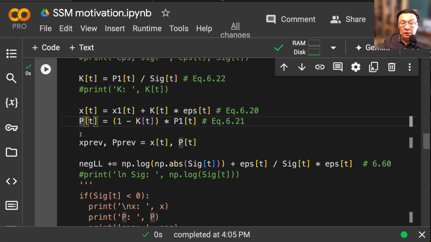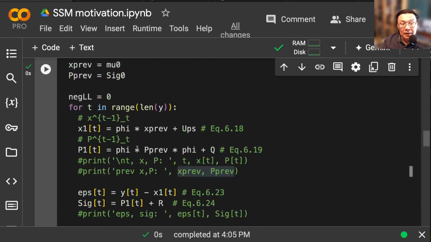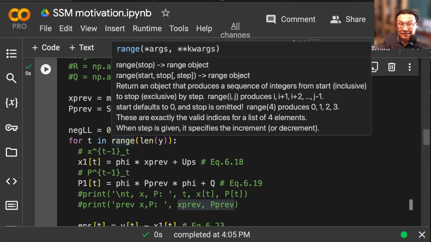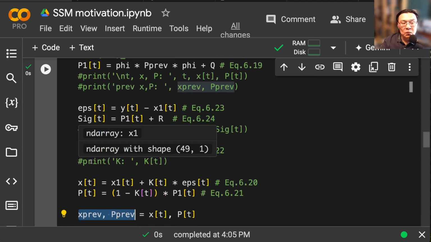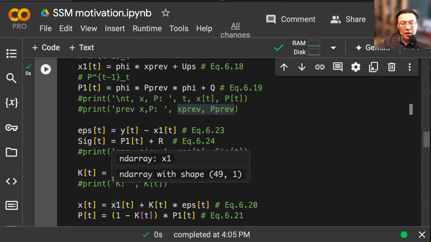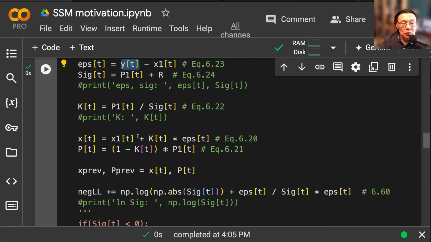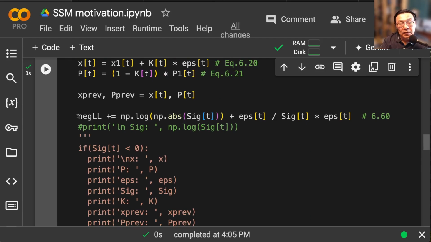And then I store this as previous values and go back to my loop and start again, calculating the next step of my filter. That's the reason why we're only using this Y in one place. It's a recursive filter, based on the previous values. So we'll keep doing it, and while we're doing it, we calculate the neg log likelihood.